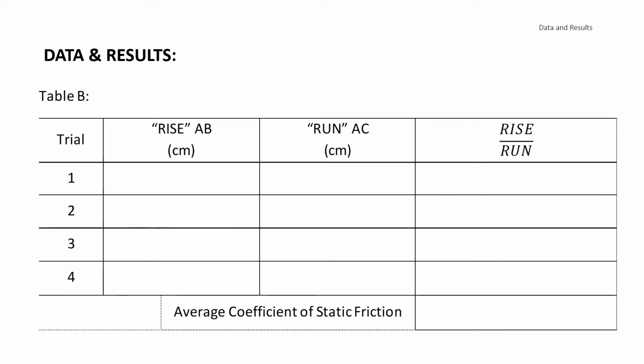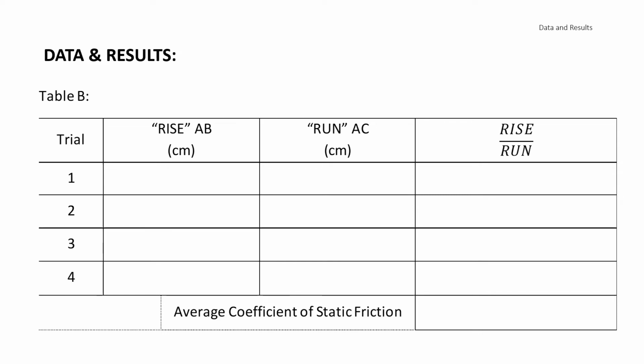Table B is for the second part of the experiment. You're going to perform 4 trials. So you measure distance AB as the rise in centimeter, and measure distance AC, the run, also in centimeter. Then determine the ratio of the rise over the run.